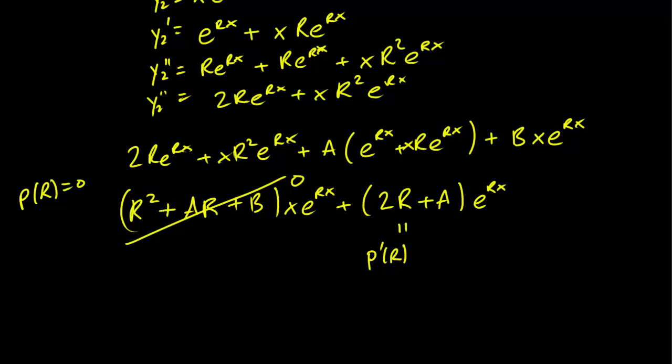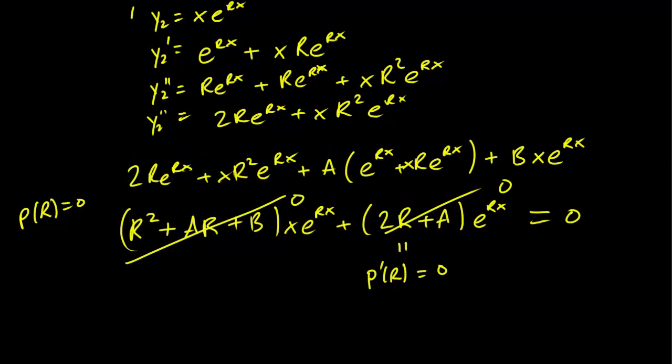Since you take the derivative of r squared, you get a 2, and the derivative of a r is just a. And this is also equal to 0. And therefore, indeed, y equals x e^(rx) is a solution to the differential equation.